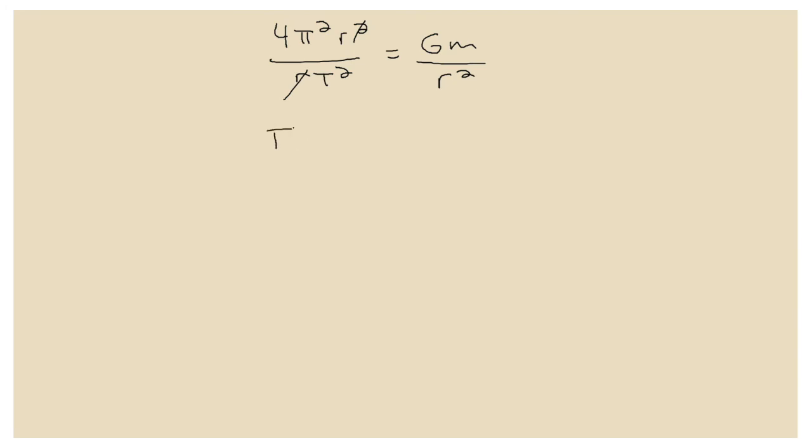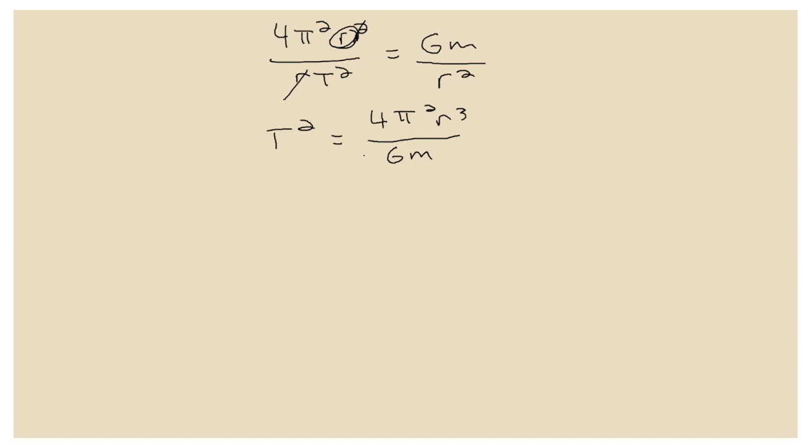But let's go ahead and solve for the period squared, T squared. We're going to do that by bringing the T squared up and over, and that means we have to bring this GM down. So we're going to have 4 pi squared r, put the GM in the bottom, and bring this r squared up top, and there's already an r up there, so r squared times r is r cubed.